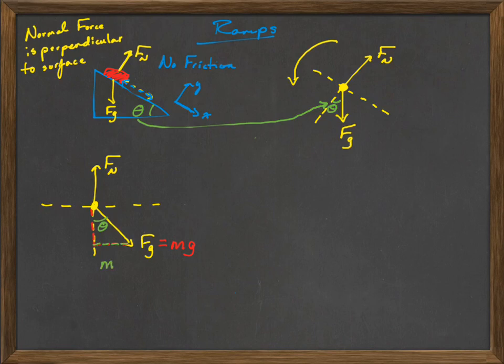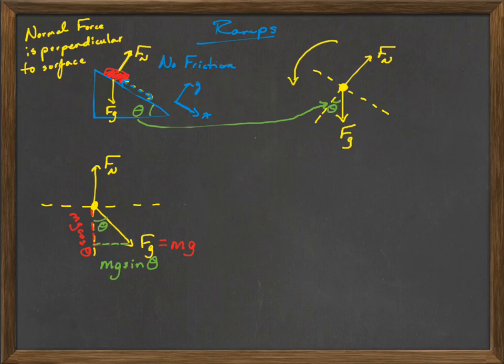So it follows that on the x-axis we would have the hypotenuse, which is mg, times the sine of the angle. And then on the y-axis side, since that's adjacent to the angle, we would have mg cosine. Okay, and now this is always true for ramps.